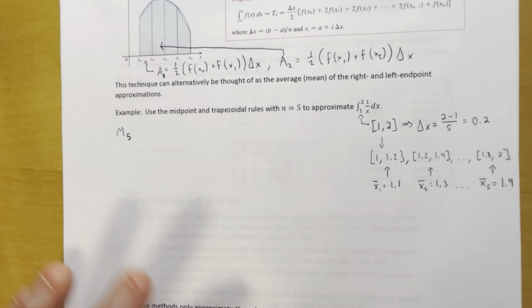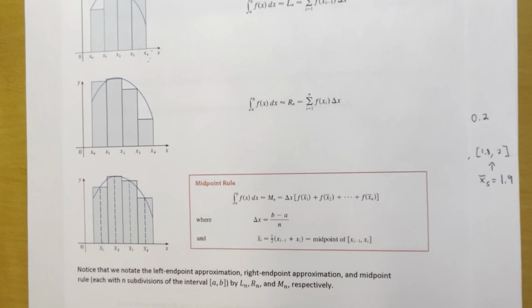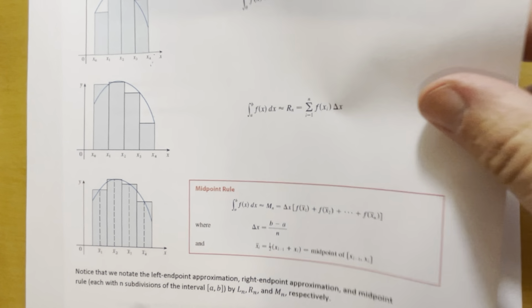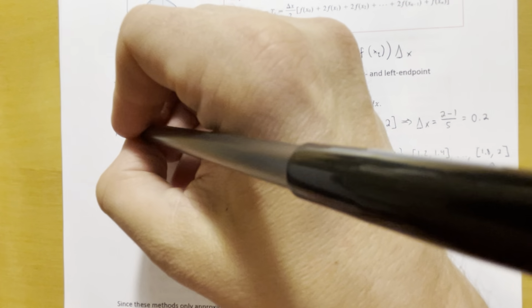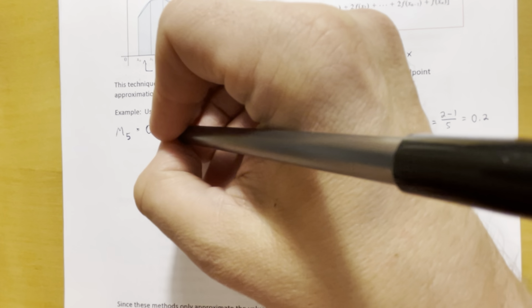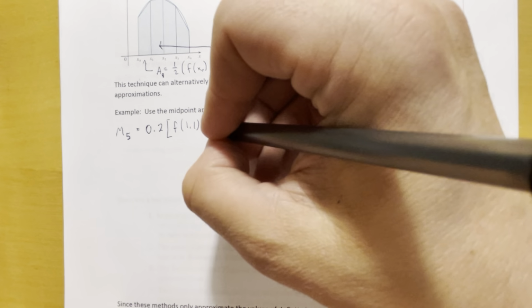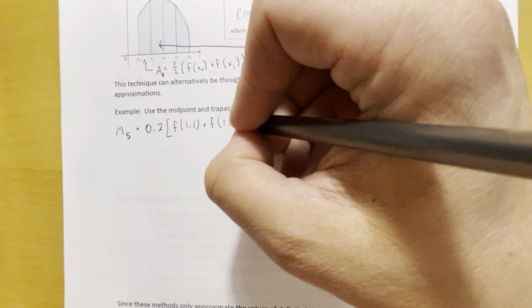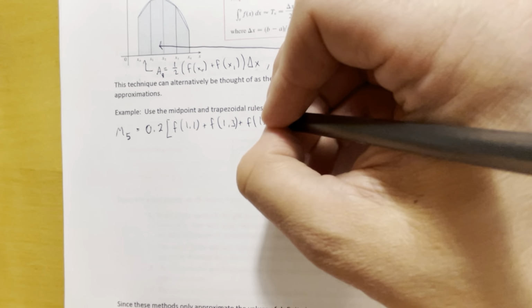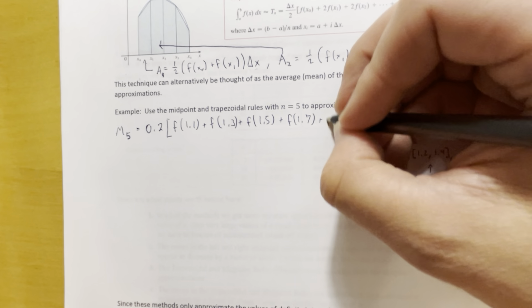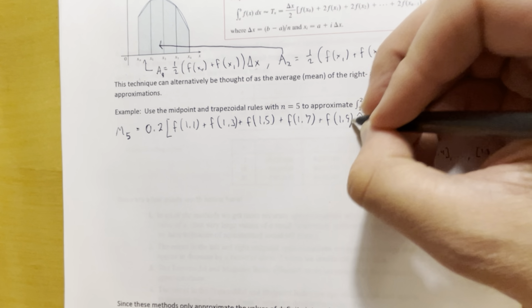So for the midpoint rule, again, just for reference, we have it listed right here. All we're doing is we're summing f of all of those x bars and then multiplying that sum by my delta x. So our delta x in this case is 0.2, and we're multiplying that to f of 1.1 plus f of 1.3 plus f of 1.5 plus f of 1.7 plus f of 1.9.